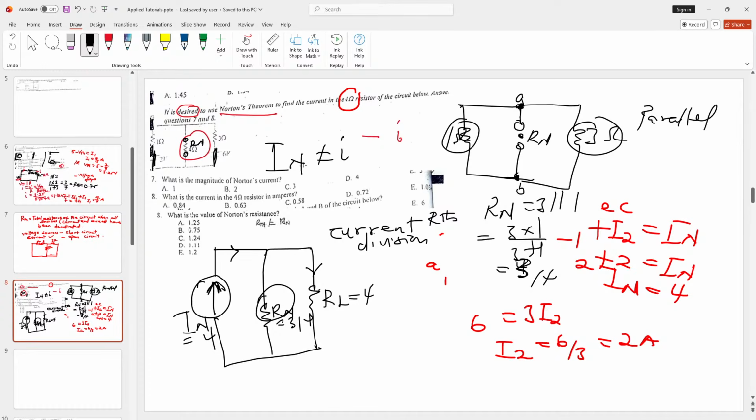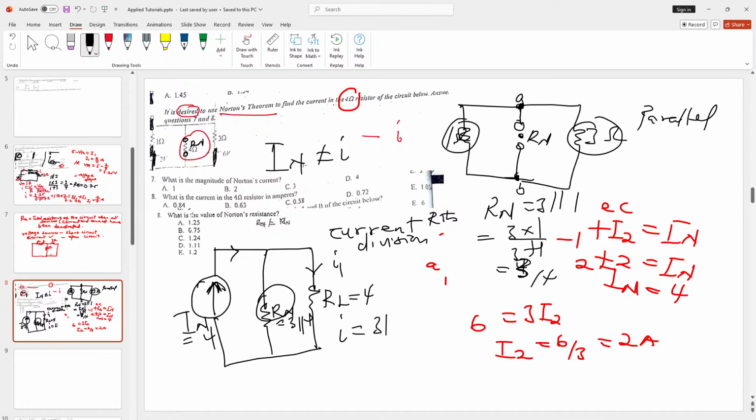Now, coming back to this, finding the current passing through this RL here. Let's say I is the current passing through our load resistance. In current division, we consider the other resistor.